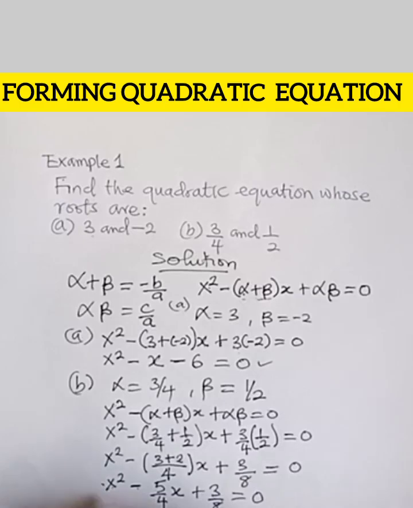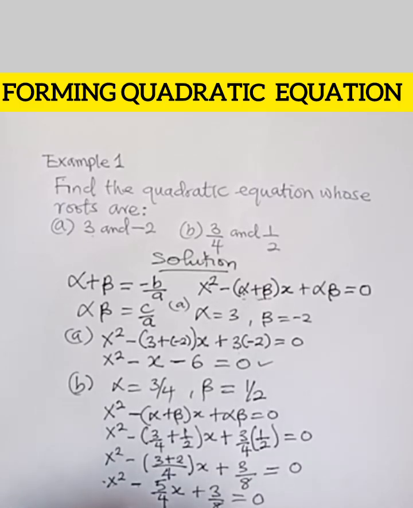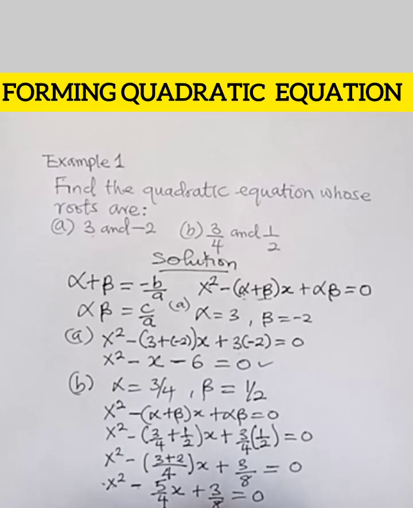So 8 multiplied by x squared, I will have 8x squared. Then 5 over 4 x times 8, plus 3 over 8 times 8, equal to 0.